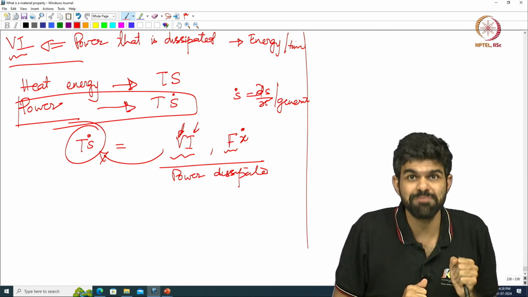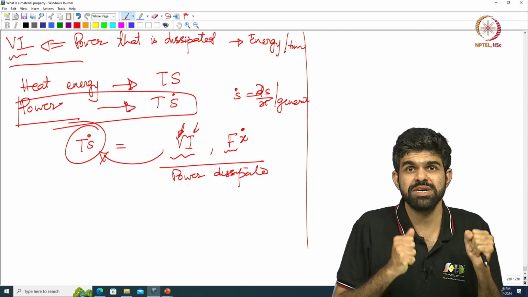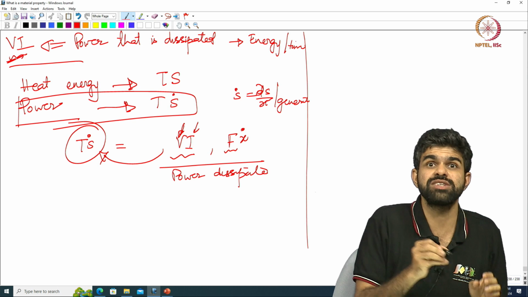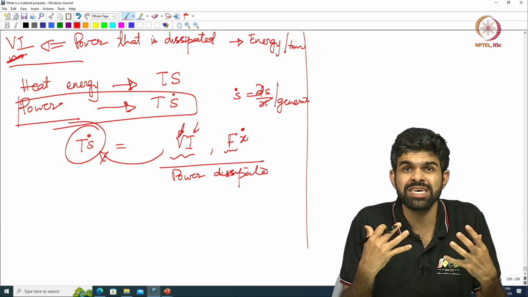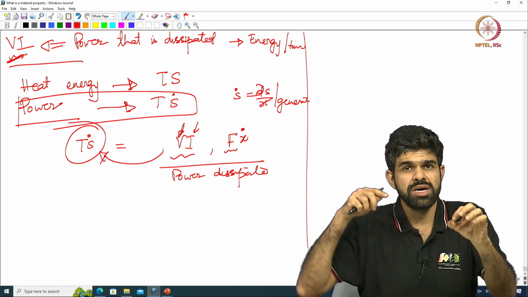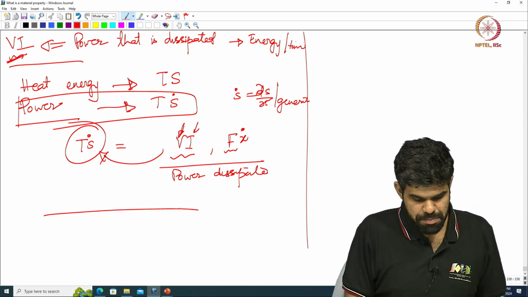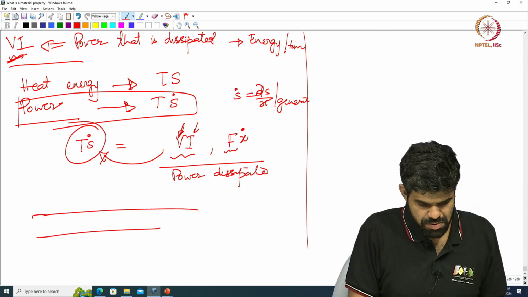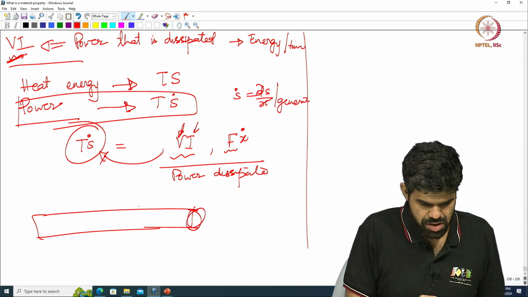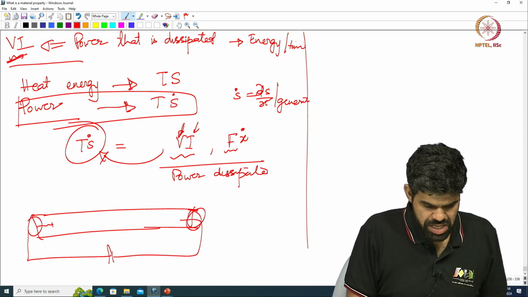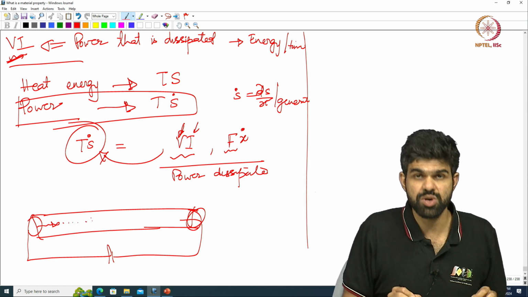So this is dissipative in nature. For example, in VI, I am converting electrical energy into heat. What is happening here? This is my resistor, let us say a wire of something. I apply voltage to the wire, and it carries charge carriers.